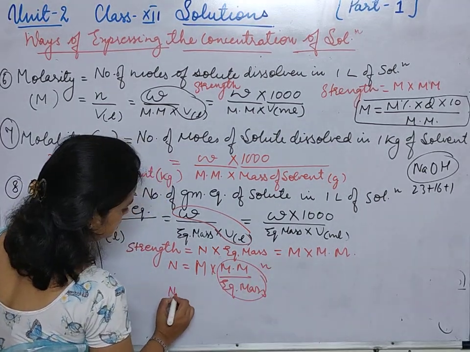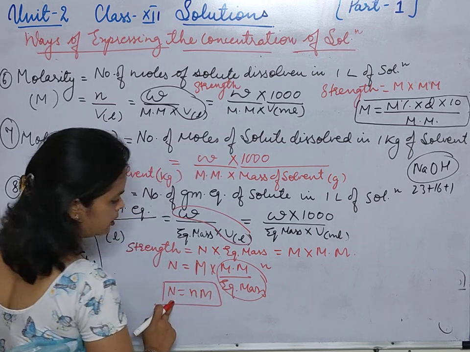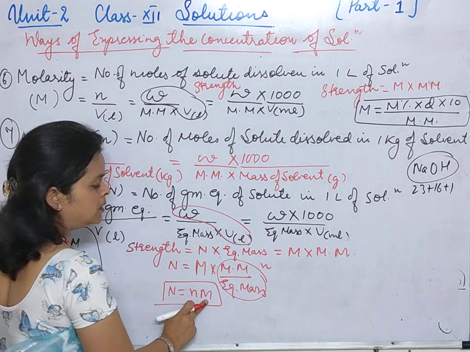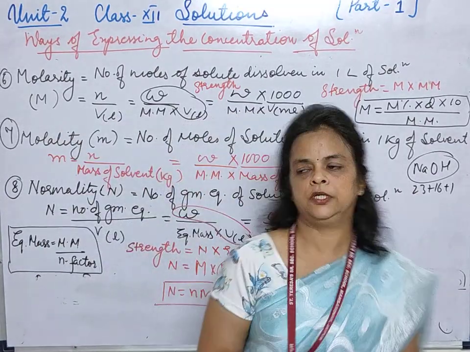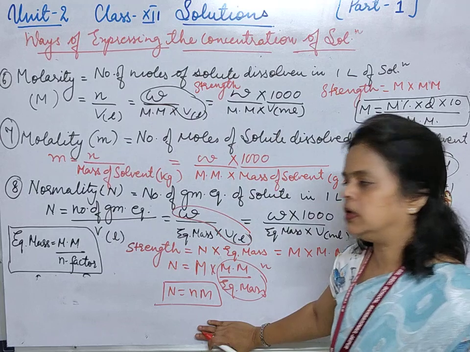So what is the relation? N is equal to nM. Normality is equal to n factor into molarity. So here one important relation we have derived, that is normality is equal to n factor into molarity.